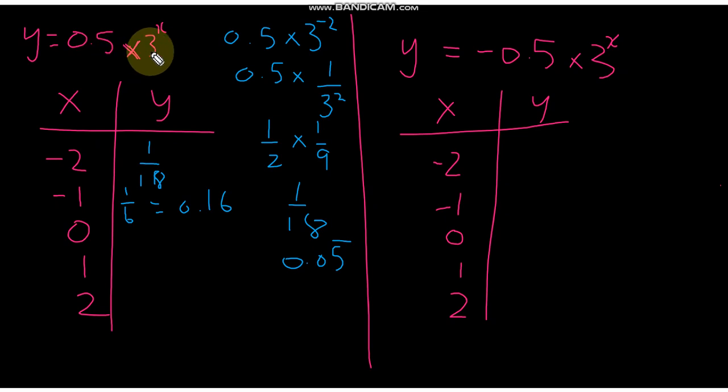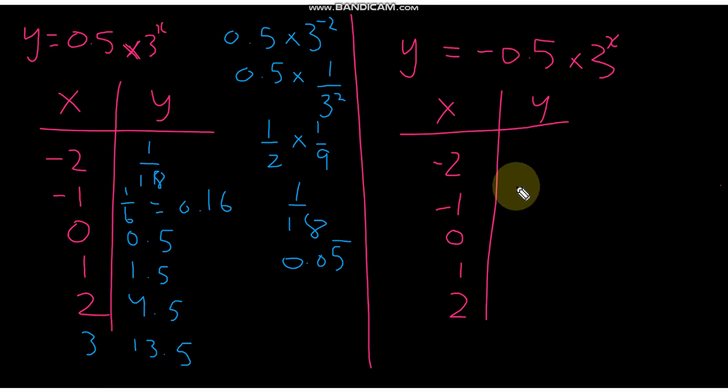If we insert 0 here, it will be 1 times 0.5, that is equal to 0.5. For 1, it will be 1.5. For 2, it will be 4.5. For 3, it will be 13.5. In this way, guys, we can carry on.